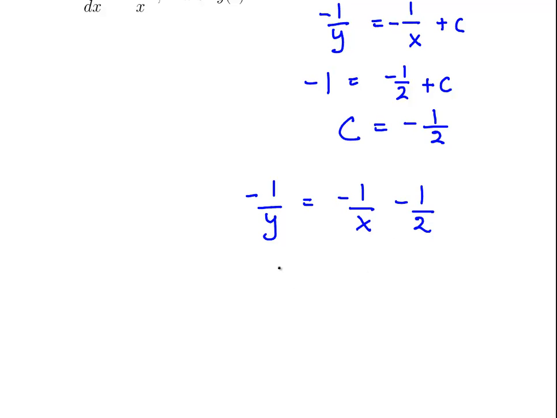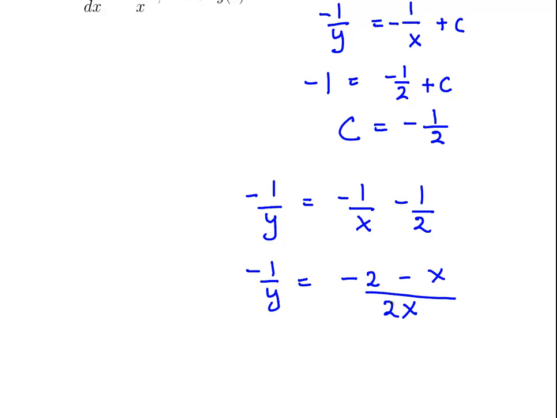That's okay, but actually we could do so much more with that. First off, what we could do there is cross multiply the right hand side. So minus 1 over y is equal to minus 2 minus x over 2x.